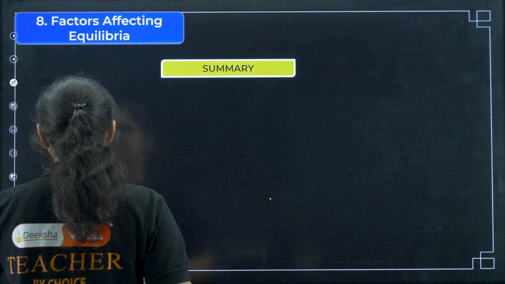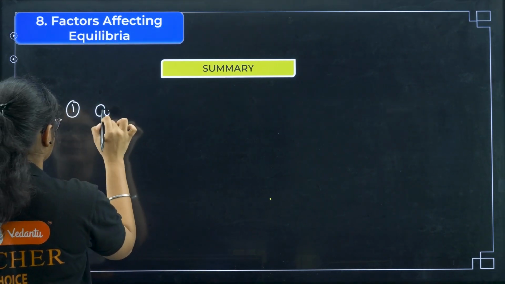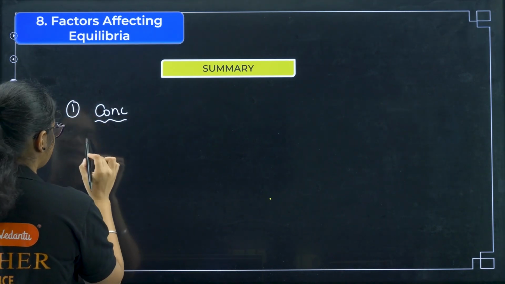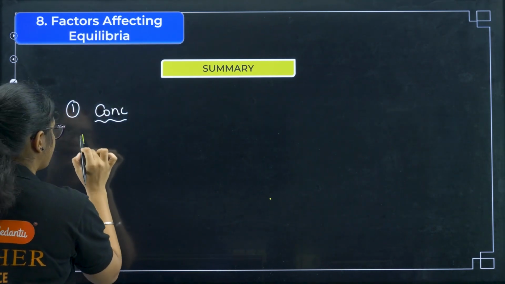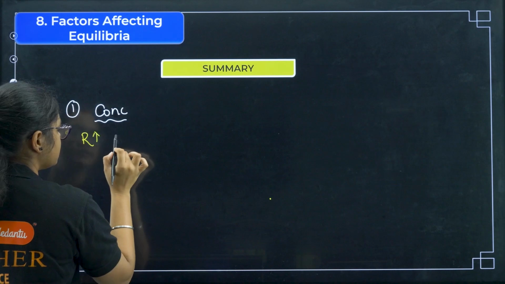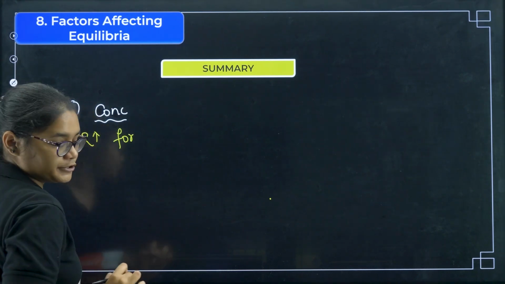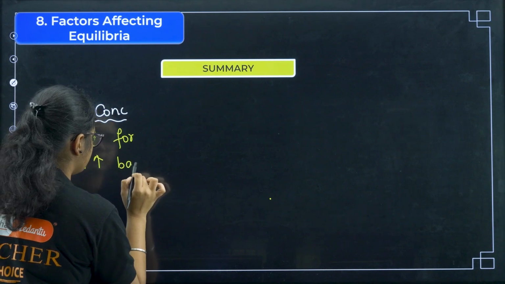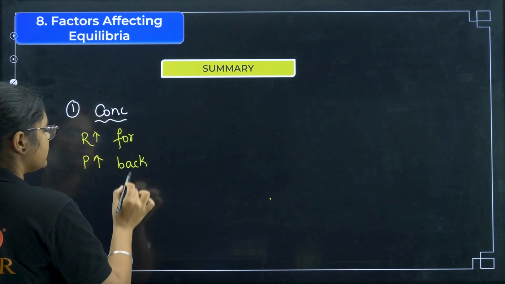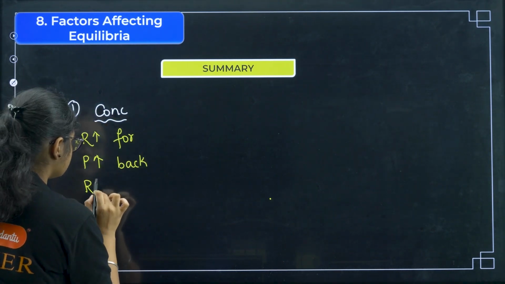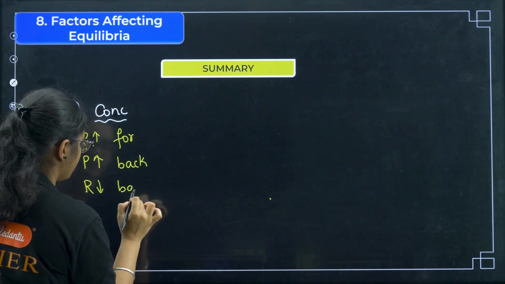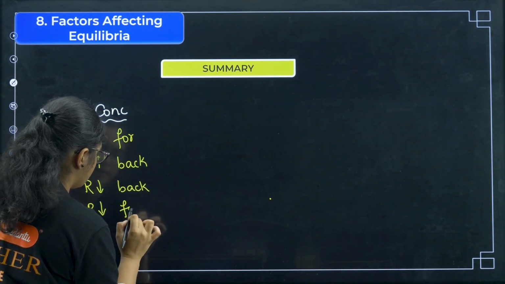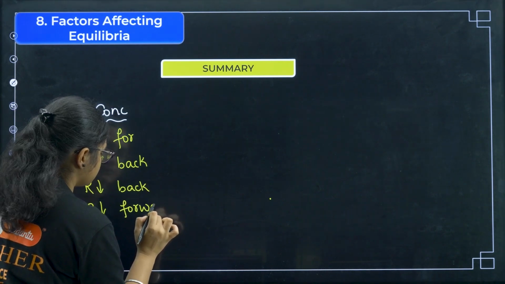First factor that we have studied is concentration. For concentration, if reactant concentration is increased, the reaction will go in the forward direction. If product concentration is increased, the reaction will go in the backward direction. The rest is reversed. If reactant concentration is decreased, then it will go in the backward direction. If product concentration is decreased, then it will go in the forward direction.